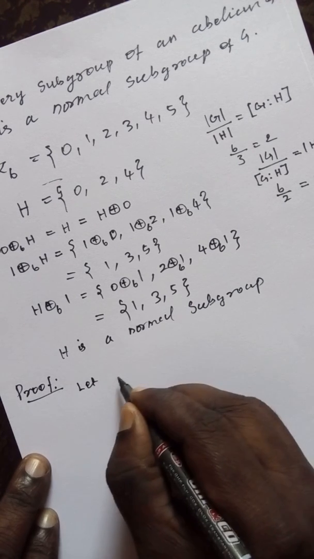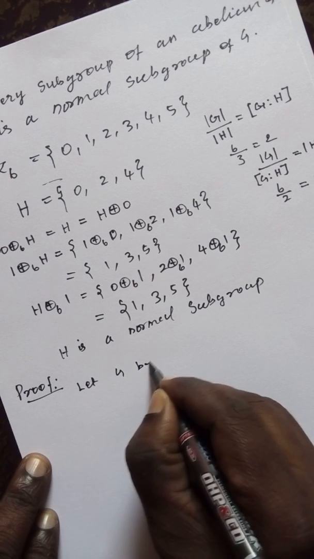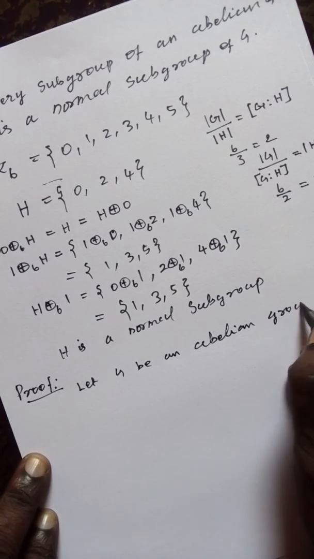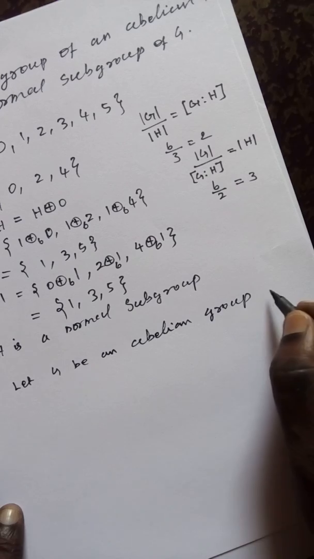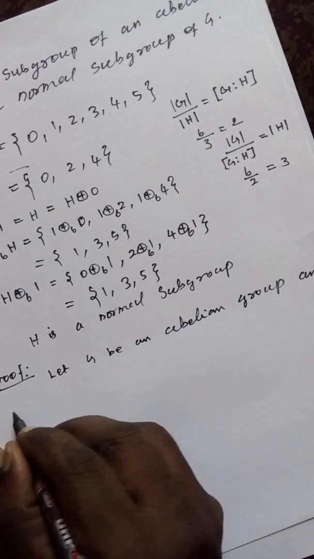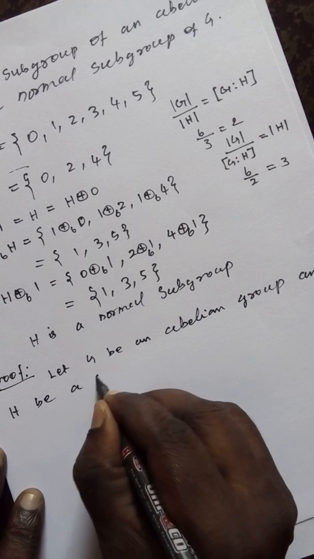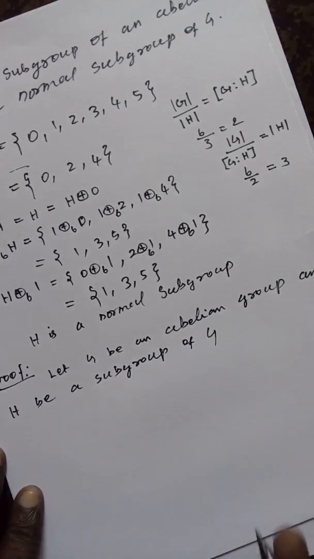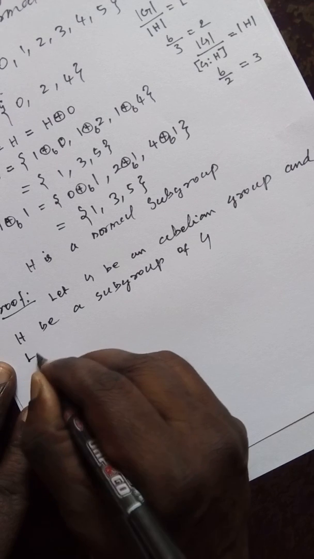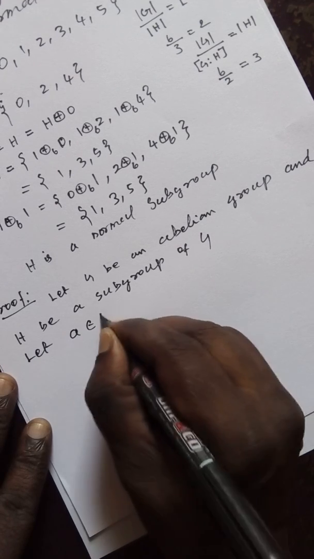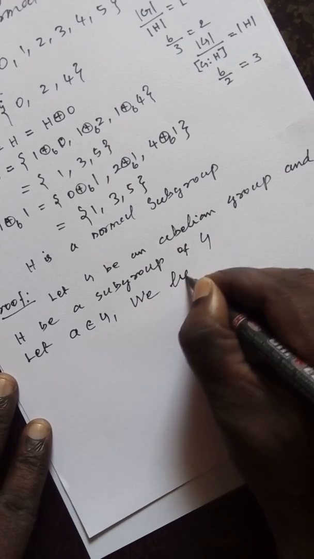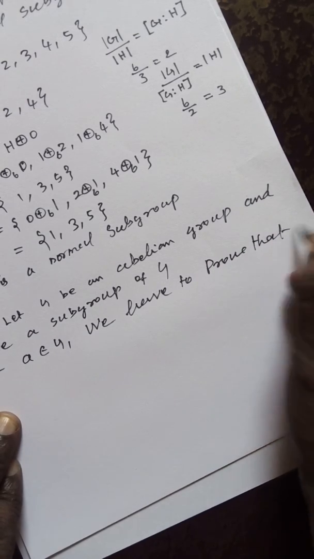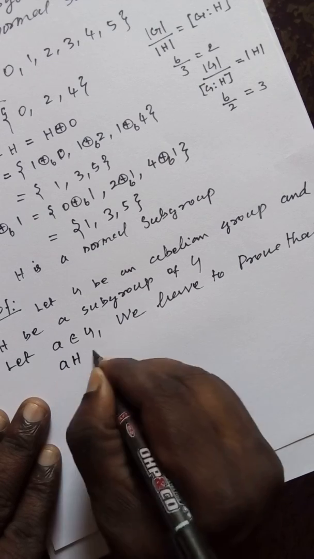Let G be an abelian group, and H be a subgroup of G. Let a belong to G. We have to prove that aH equals Ha.